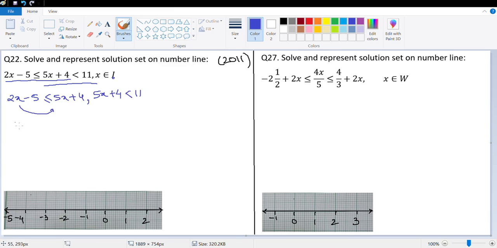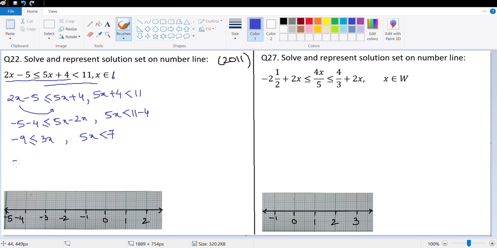Taking 2x here, this becomes -5 minus 4 is less than or equal to 5x minus 2x, and the second part becomes 5x is less than 11 minus 4. That's -9 less than or equal to 3x, and 5x is less than 7.